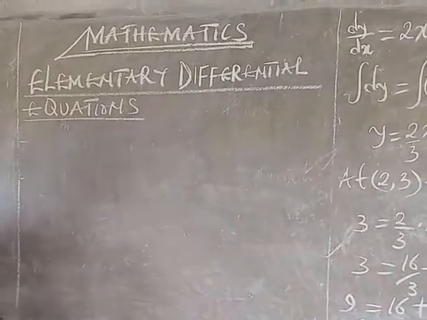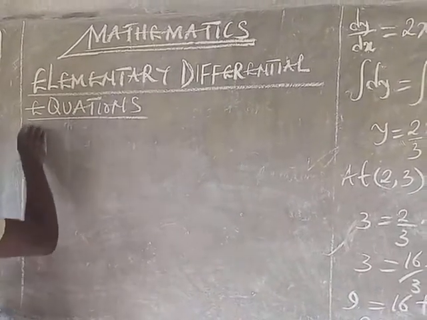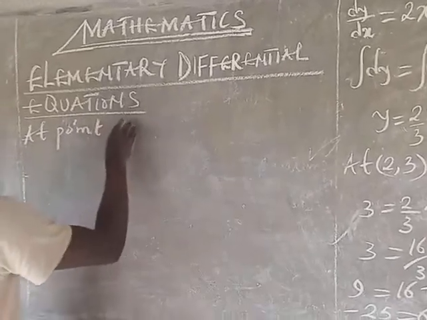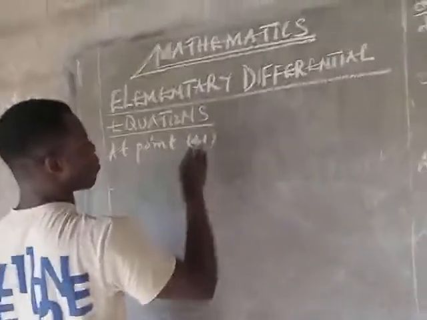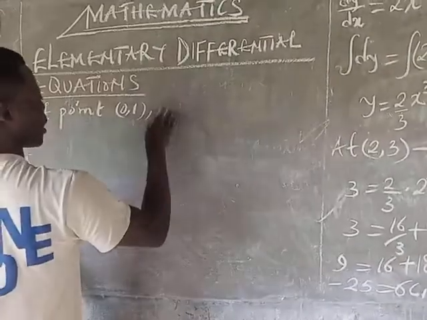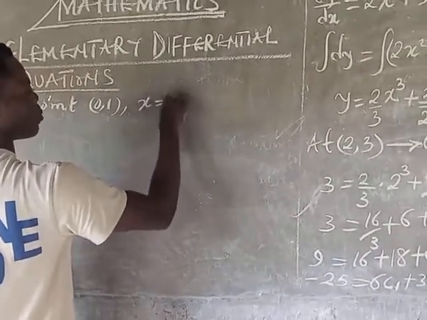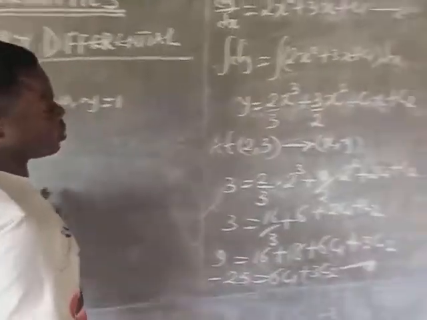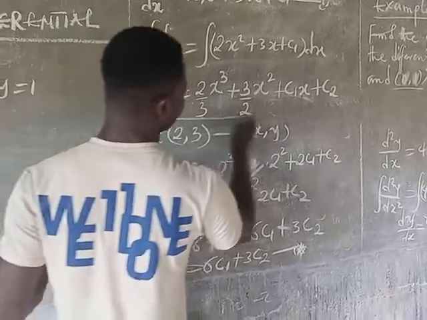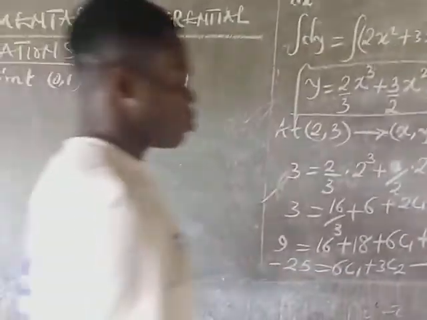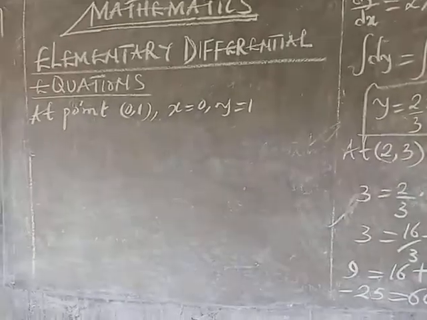So from that place, we are going to have the point 0, 1. So here our x will be 0, our y will be equal to 1. We are using the same equation here.